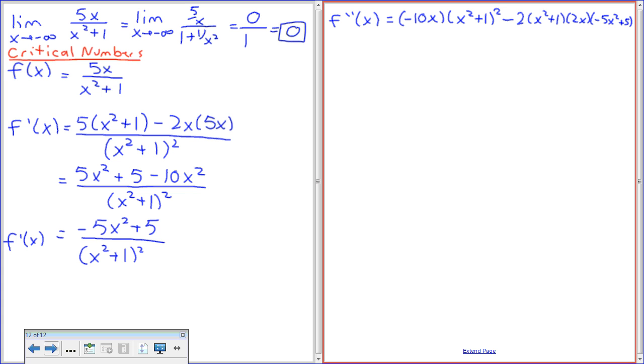Minus 2x. Wait, it's actually something. The derivative of this, right, minus 2 times x squared plus 1 and times the derivative of the bracket, I think.